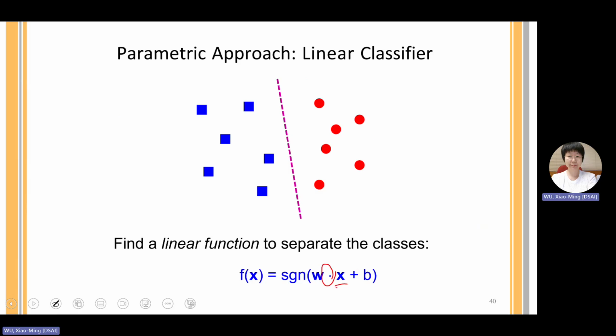X is a vector, W is the normal parameter of the hyperplane, and B is a scalar. So this is a perceptron classifier.